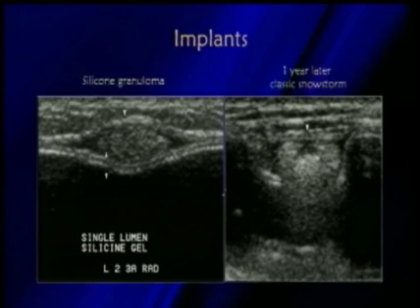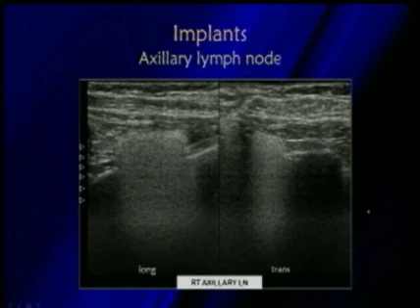She came back a year later for her annual mammogram, and you can see this exact same area within a year has gone to the classic snowstorm appearance that you will see with extravasation. Somehow when they put the implant in, they must have had a very small leak, and a little bit of that silicone bled out into the tissue separating the capsule from the shell, and a year later it has turned into this classic snowstorm appearance sonographically.